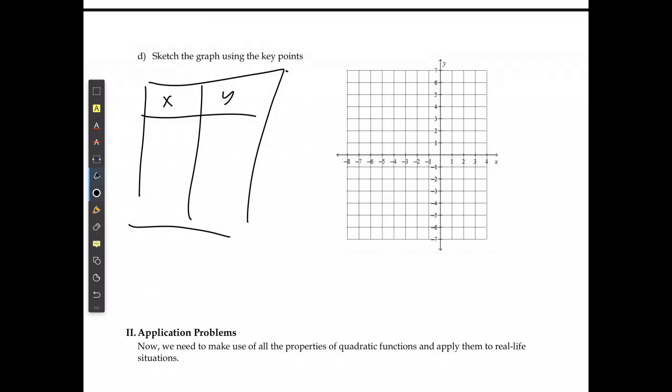So that's when I could go into the table of values when I've graphed it into my calculator and then find that I have the point of negative 4 and negative 7.